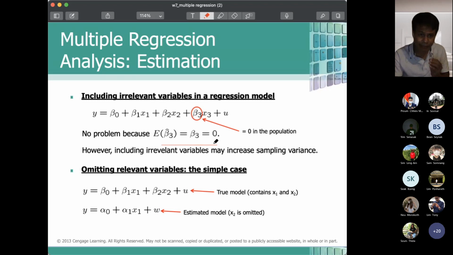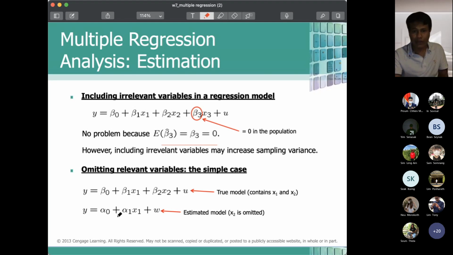So in terms of the estimate, there's no problem. It means that even though you include an irrelevant regressor, an irrelevant independent variable, you still obtain an unbiased estimate as long as assumptions 1 to 4 are met.